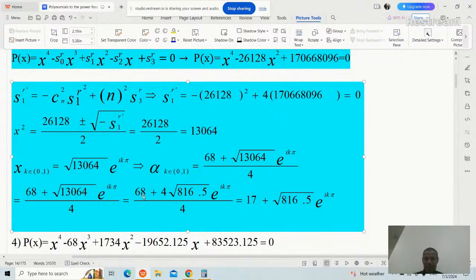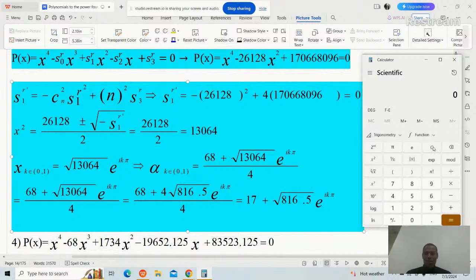You can see that 4 is a common factor. 68 divided by 4 will give you 17, and 13,064 divided by 16 will give you 816.5. Inside the root there is 16, and the root of 16 will give you 4. So I simplify 4 by 4, and 68 divided by 4 gives you 17.